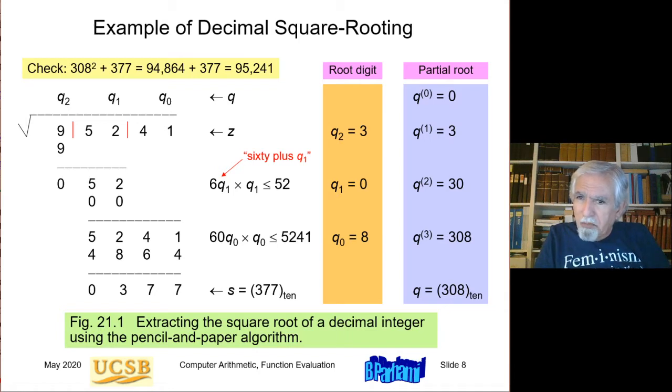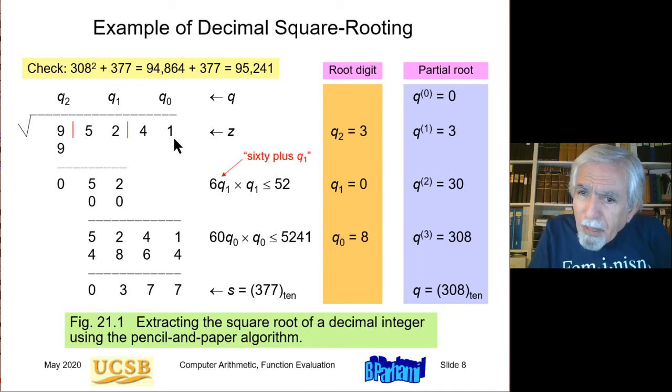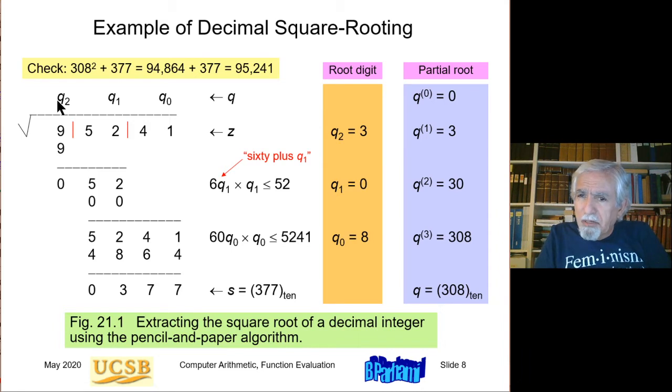So basically the number of groups, in this case I have 3 groups, 1, 2, 3, so I have 3 digits in the root. Final group can have single digits or 2 digits, doesn't matter, it's still a 3-digit root. Okay, so now the first digit of the root is only a function of the digits of the radicand in this group.